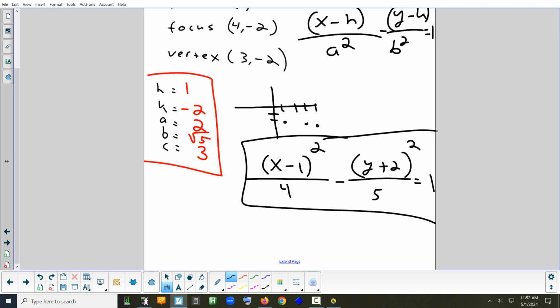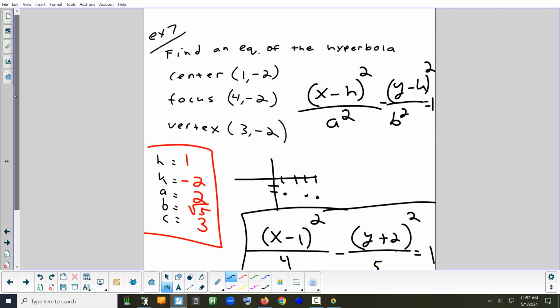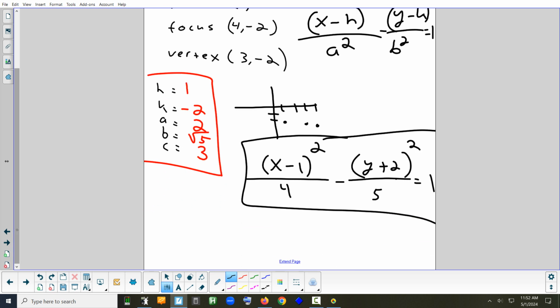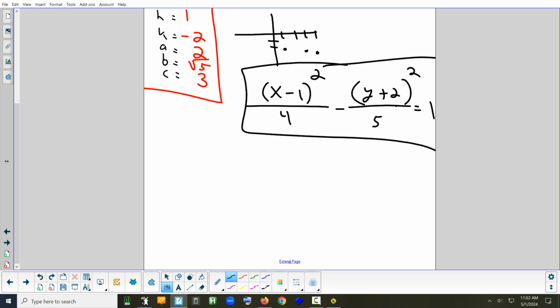Or any question if I gave you something like this and had you work backwards to tell me the center, focus, and vertex. All right. Now, what if I gave you something like, let's just say we had a vertex at 0, 3.